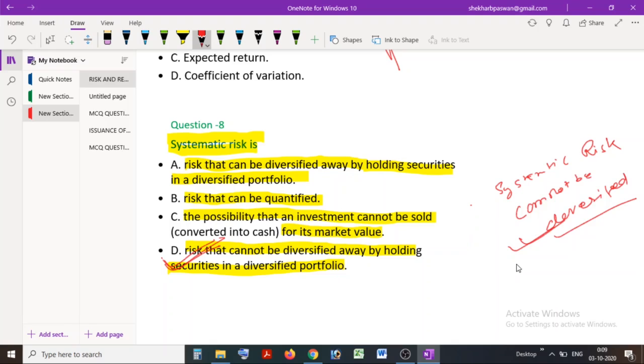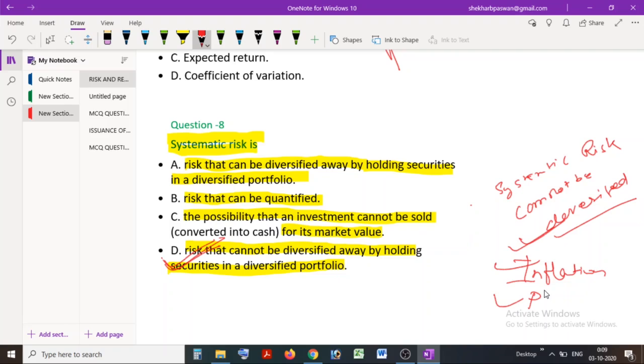For example, the risk which is faced by every player in the industry, or every company. Take inflation: if there is inflation in the economy, it will be faced by every company, not only a particular company. The same goes for a natural disaster or a pandemic like corona that we are currently facing, due to which there was a huge fluctuation in the security market and prices were falling.